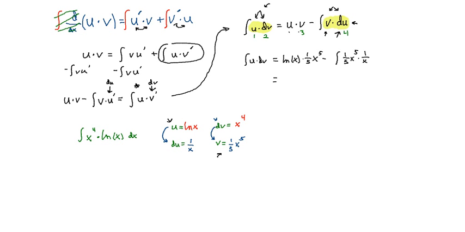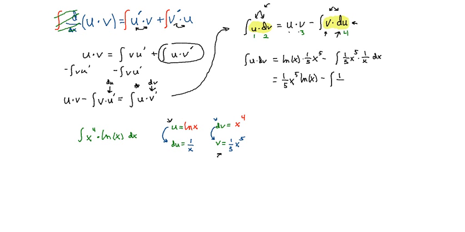And I'm going to rewrite the first term here. I'm going to put the 1/5 x to the 5th in front. I think it looks a little nicer. Minus, now what happens to my integral here? A 1/x and an x to the 5th, well, that's going to cancel out a little bit, isn't it?